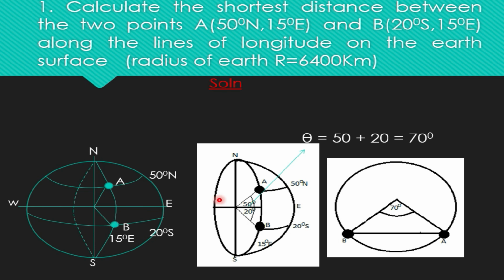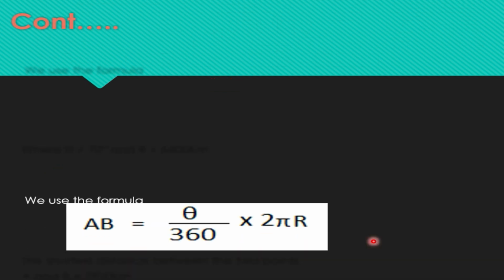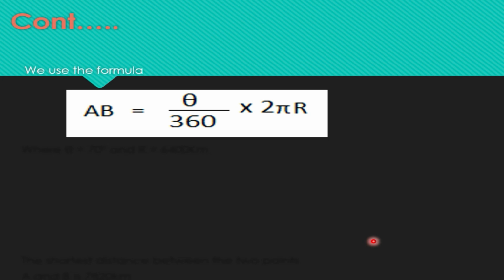So we can draw this small arc out. If we cut this whole area out, we get a circle over it. It means AB is 70 degrees in that angle formed. And we can just use the formula to calculate for it. So using this formula, AB is equal to theta over 360 times 2 pi r, where 2 pi r is the circumference of the entire Earth.